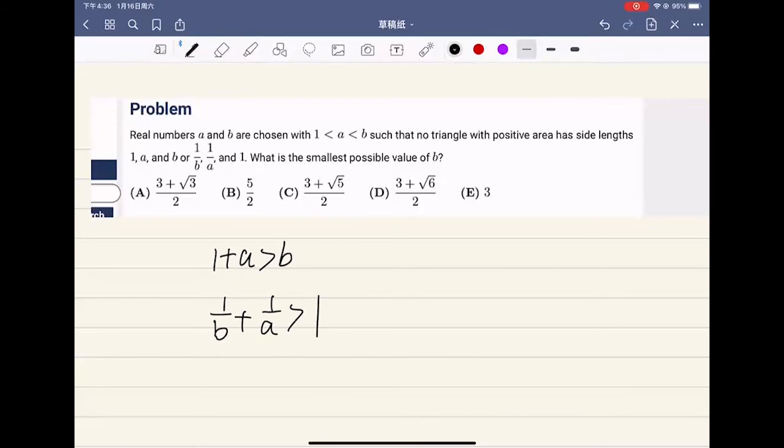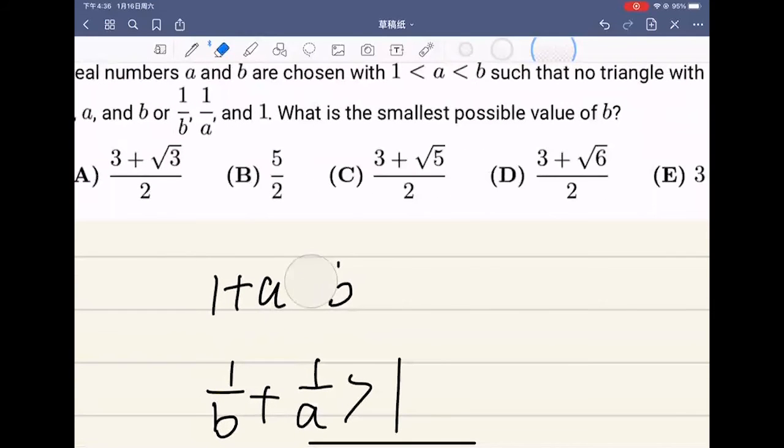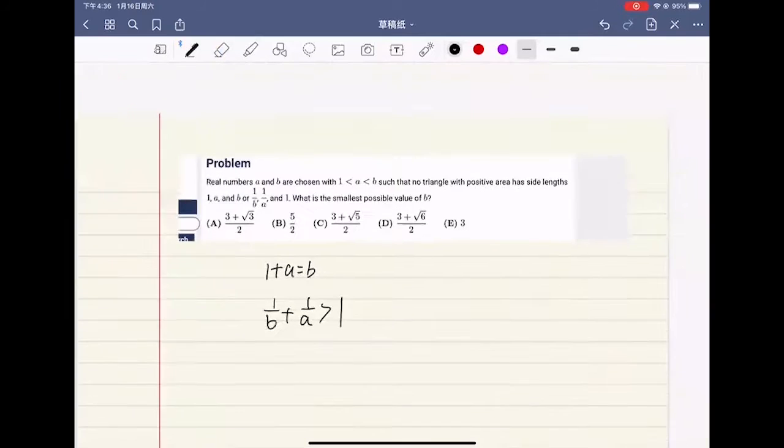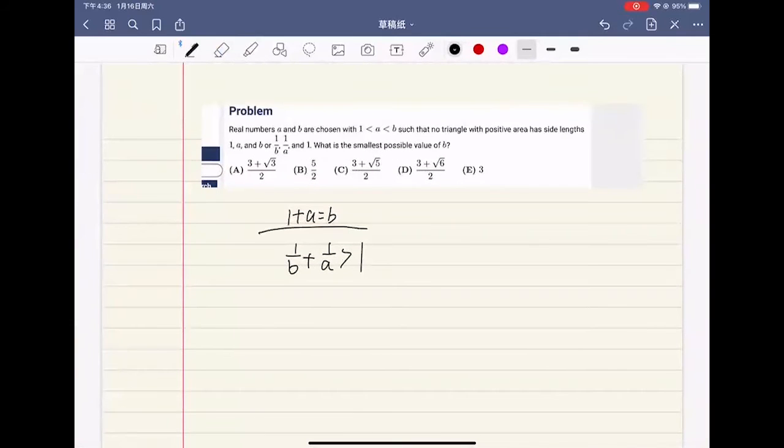So let's see, what number makes it so they cannot be a positive area? Which means we make the b number small, smaller than or equal to.